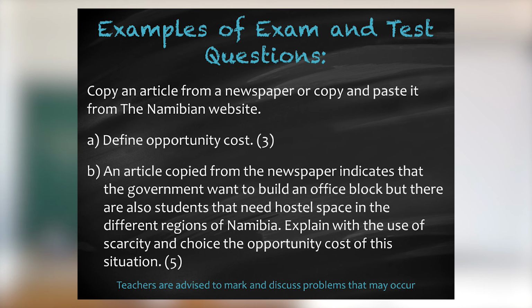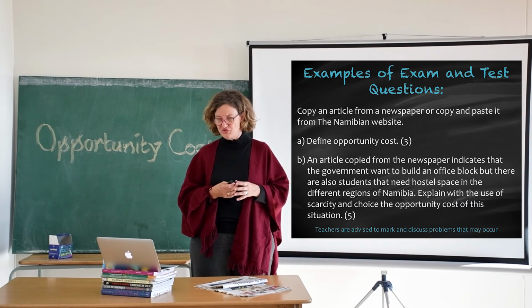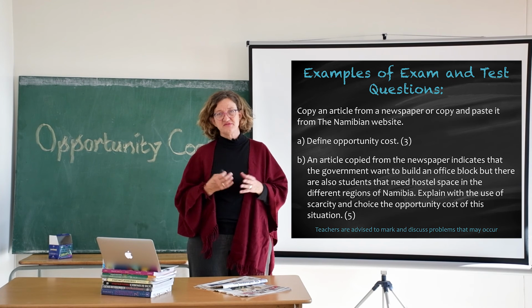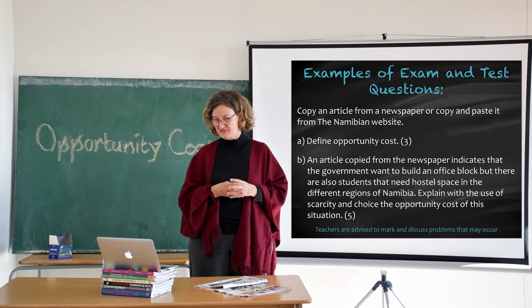Say we have an example here that the government wants to build an office block, or they want to build hostels for students. In this case, you can use the information from an article like this example, and discuss the scarcity, choice and opportunity cost for this situation. This can bring you 5 marks, or they can allocate 5 marks to an answer like this.